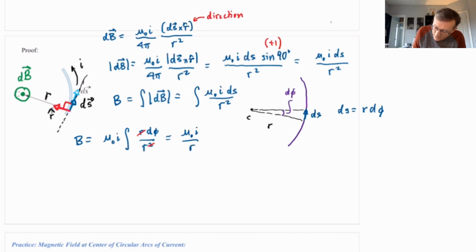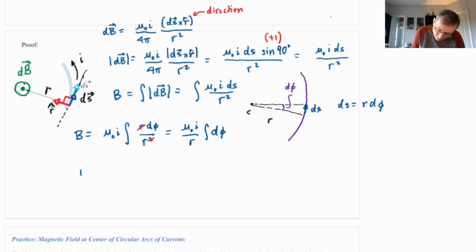And so then the formula for the integral is just to add up all the little angles, d phi, from one end of the arc to the other. But that'll just be the total angle phi formed by the arc. And, I beg your pardon, I dropped the 4 pi. I certainly didn't mean to do that.